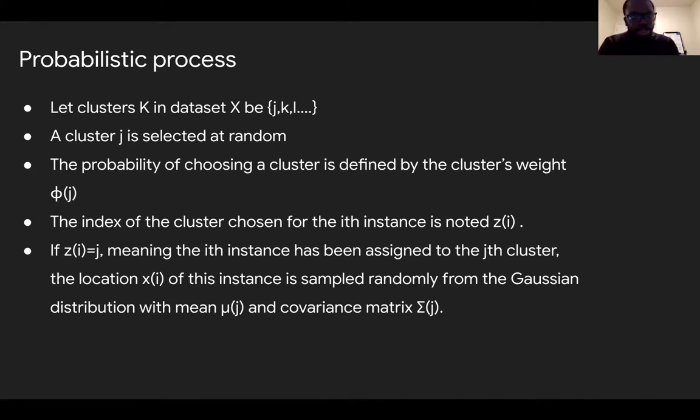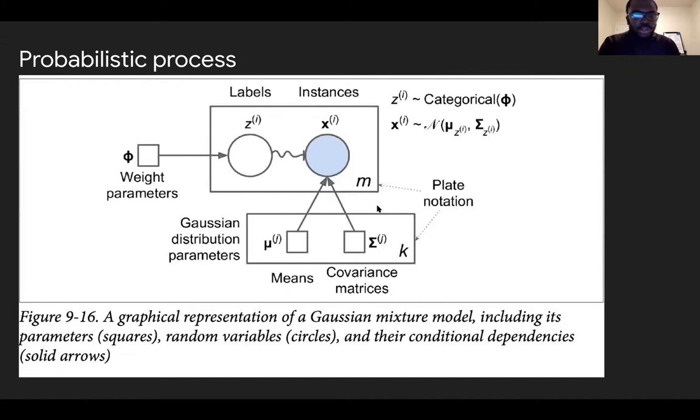So let's take a look at the graphical representation. If you look at this representation, you would see that the square represents the parameters, which are fixed. So you have the weight here, you have the mean, and then you have the covariance.